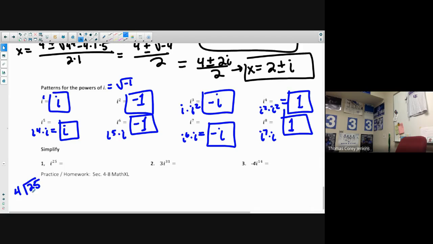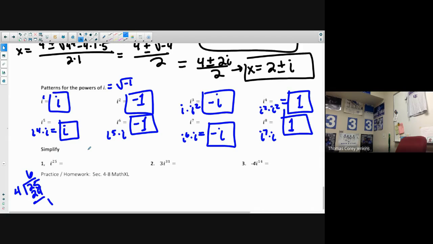What we care about is the remainder, okay? 25 divided by 4 is 6, remainder 1, right? So that tells me then that this is really equal to the same thing as i to the 1st power. Okay, so that would be equal to just i.